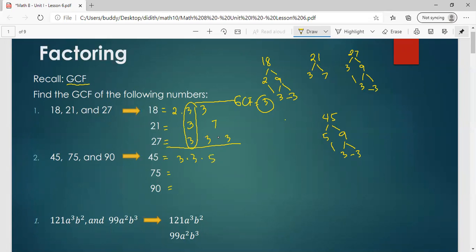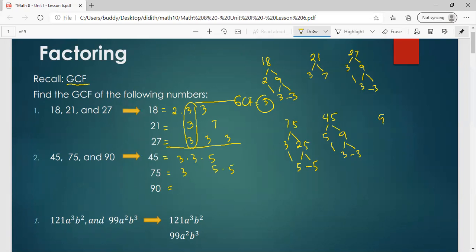Now with 75, when 75 is divided by 3, we have 25, and then 25 is divided by 5, this will result to 5. So the prime factors for 75 are 3, and then 5, and then another 5.